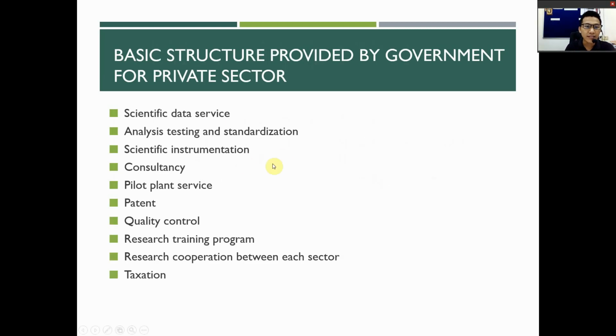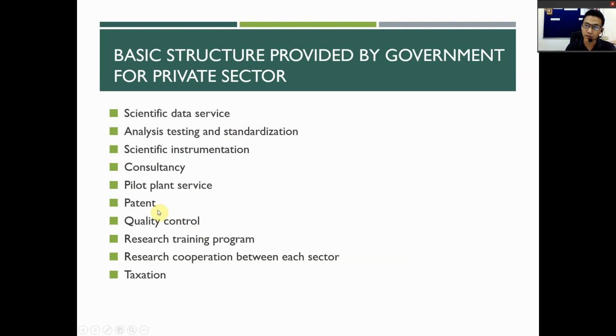All right, this is the basic structure provided by the government for the private sector. The private sector that I said earlier, this is one of the things that we succeeded in after all. And the basic structures are like scientific data service, analysis, testing, and standardization, scientific instrumentation, so you have more instruments to do research, consultancy, pilot plant service, patent.